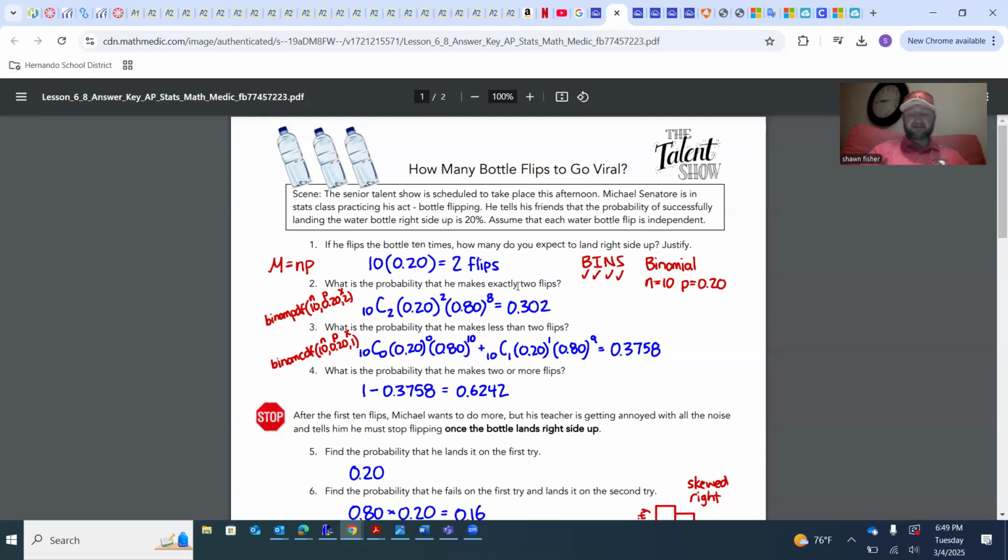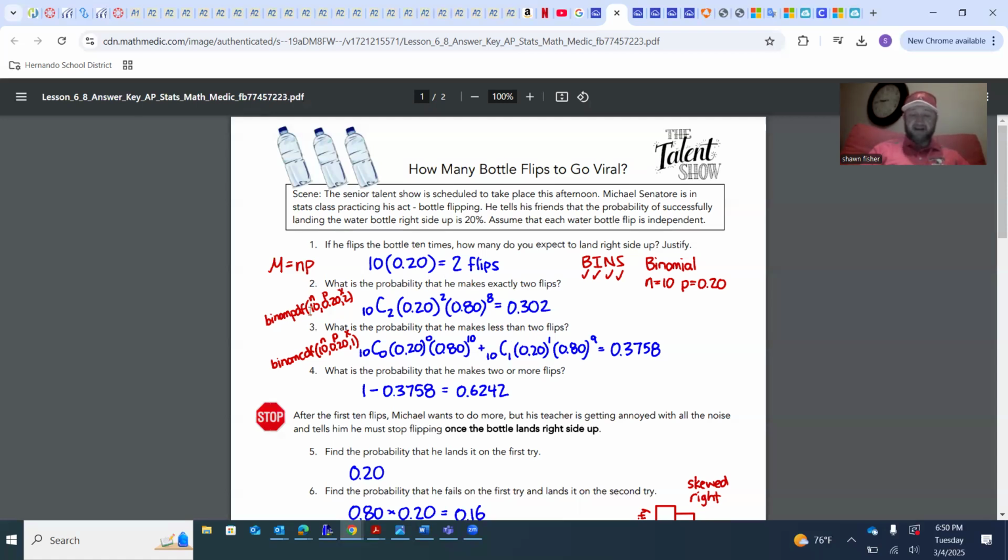What's the probability of exactly two flips? This is the difference between binomial PDF and binomial CDF, and we learned that a little bit as well. Out of 10 tries, I want two to be a success, and we know how to put that into our calculator. Now, what's the probability that he makes less than two flips?